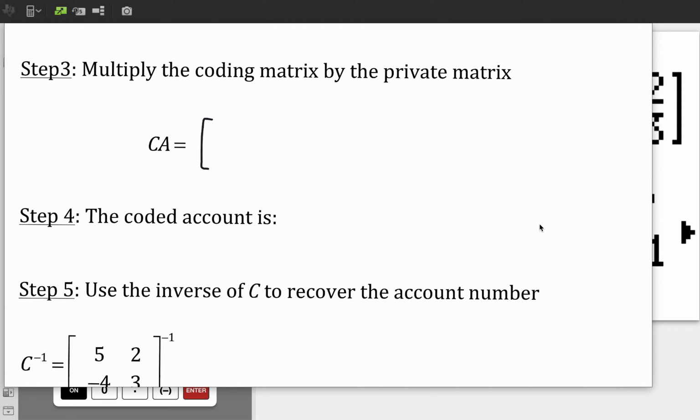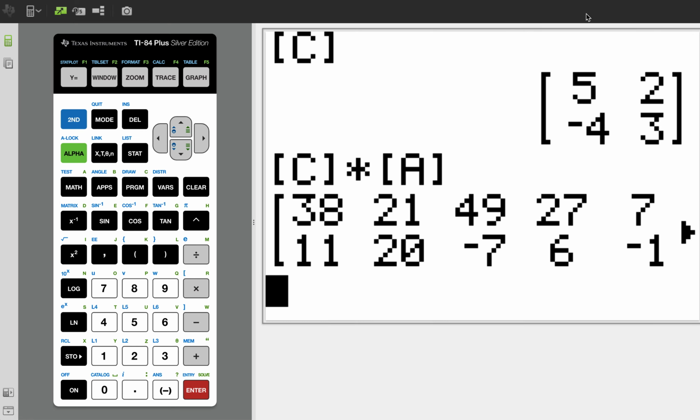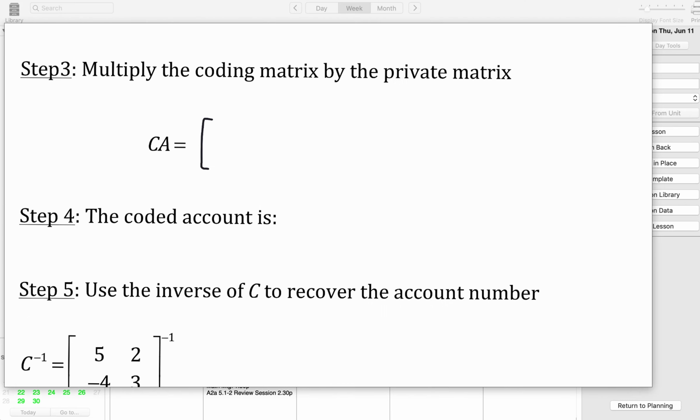38, 21, 49, 27, 7. I can't see the rest of the screen right now, so I'll have to shift it over in just a moment.